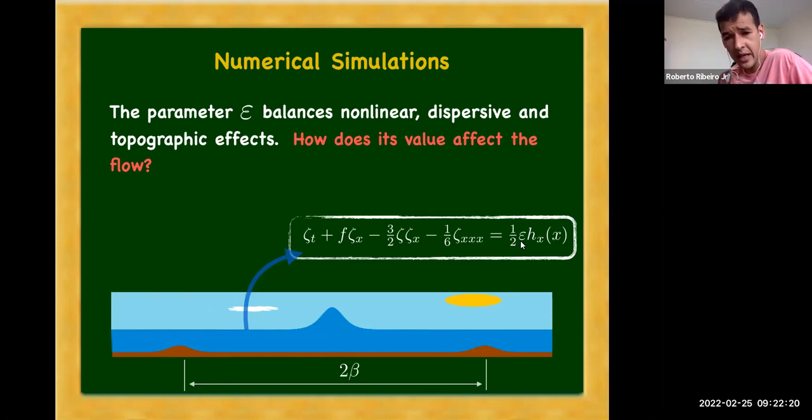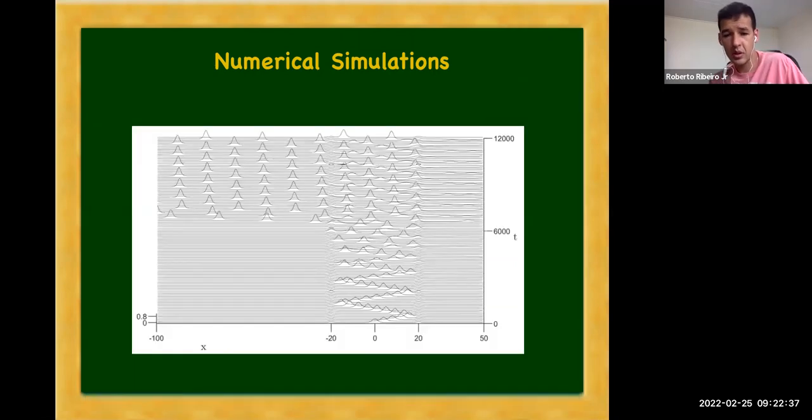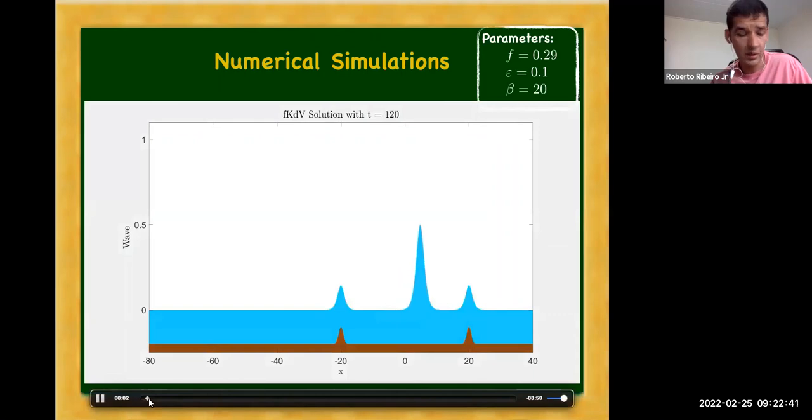Remember that epsilon appears in this part of the equation, controlling the forcing term. Now I'm using epsilon equal to 0.1. So let me play this simulation. This simulation is a bit slow, so because of time, I will speed up to the important part.